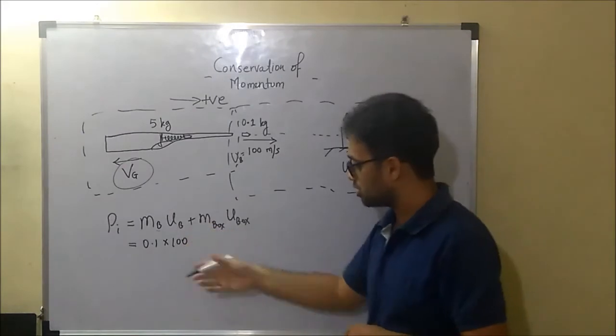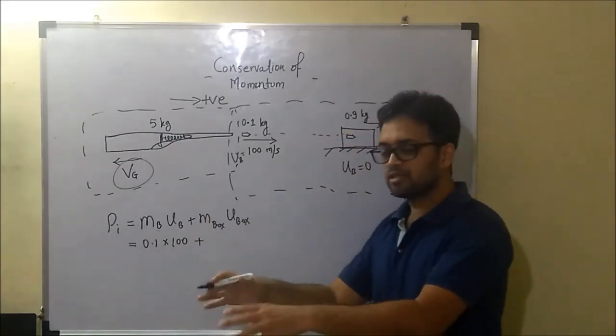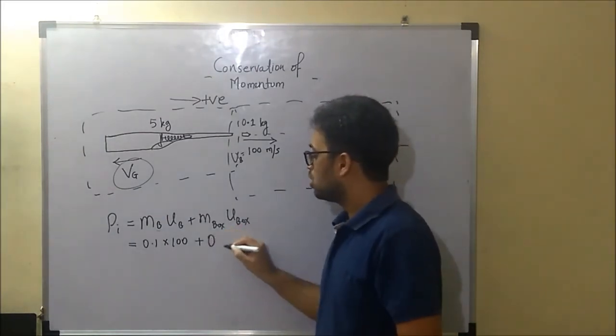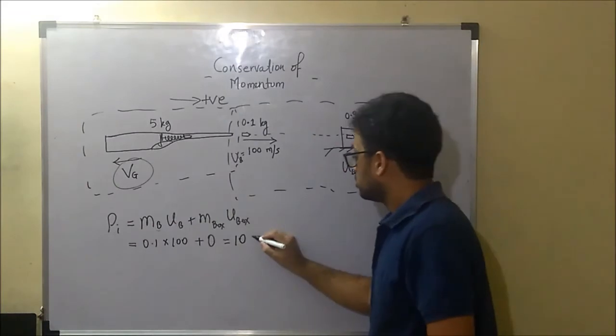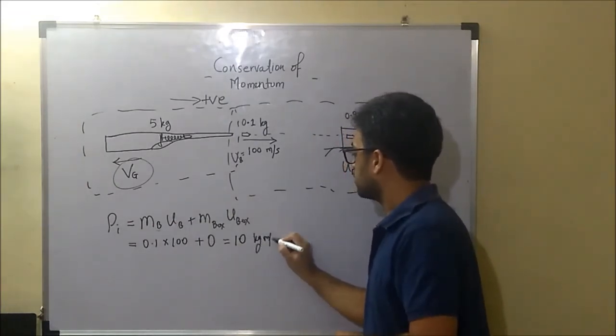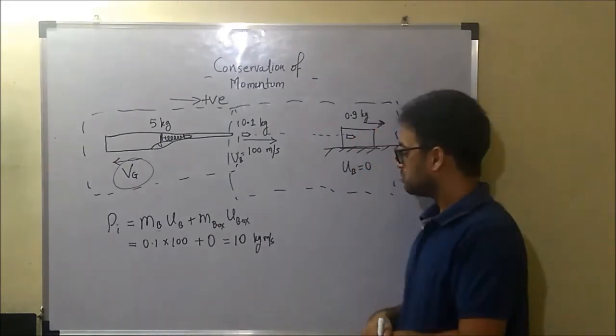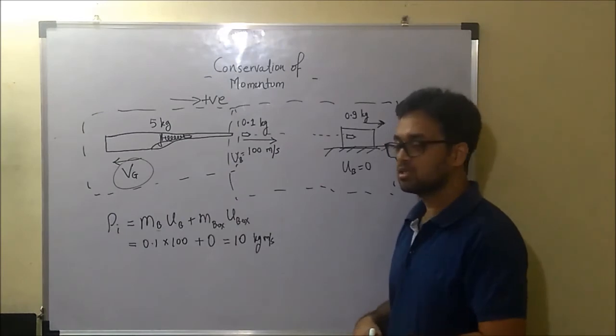Both the velocities are rightward. Plus velocity of the box: initially it is kept at rest on the floor, so it is 0. So how much will it be? 10. What is the unit for momentum? Momentum is kilogram into velocity, so kilogram meter per second, right? Or it is also equal to Newton second. We have seen in the last lecture it is impulse.